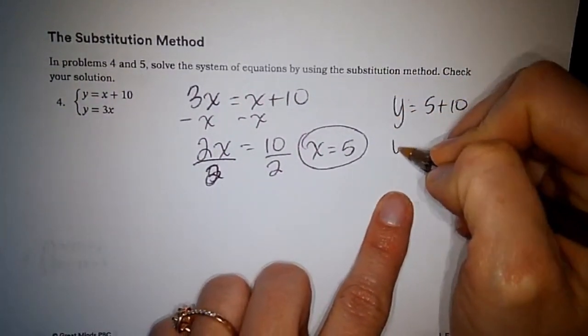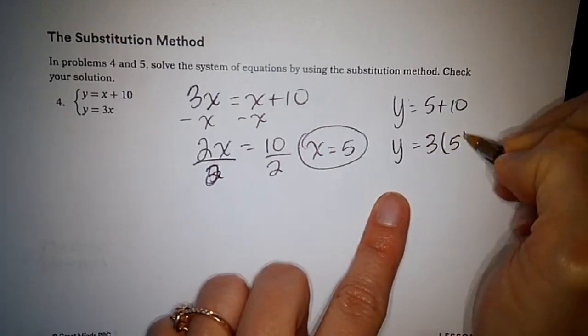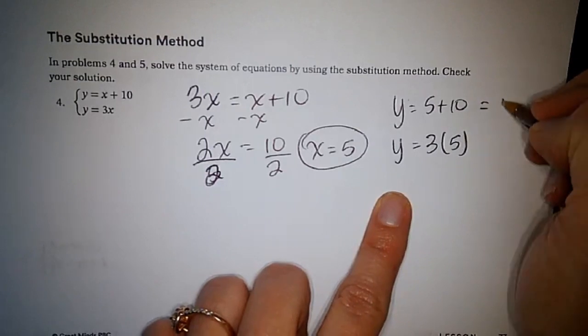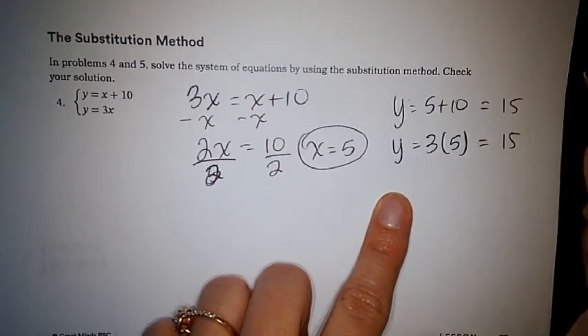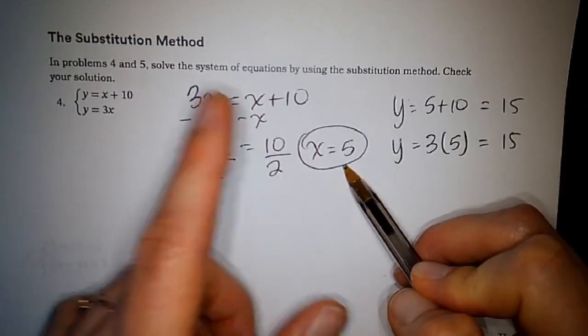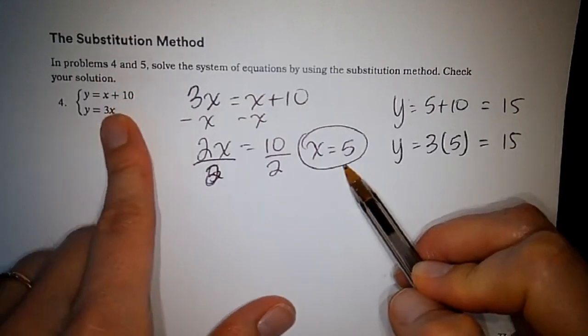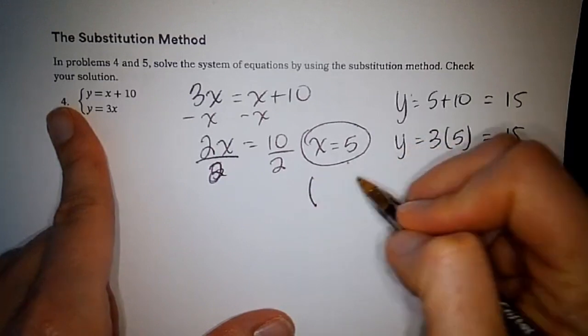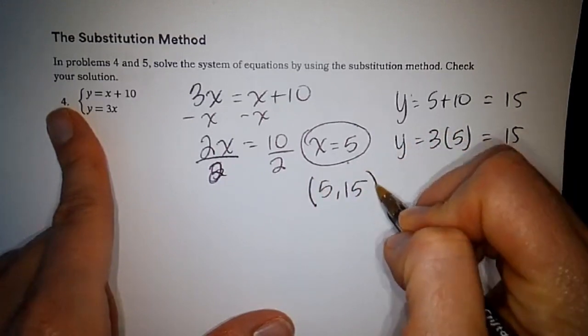Guess what I'm going to get for my y either way? 15. All I did was substitute the value of x back into the equations, and that gave me the value for y. So the solution is 5, 15. This is the solution to my system of equations.